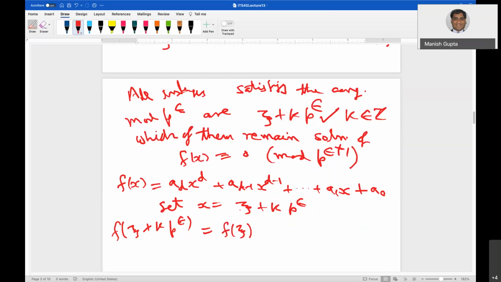Because I can collect the powers of xi raised to power d, xi raised to power d minus 1, a1 times xi plus a naught, so that will be f of xi plus k times p raised to power epsilon times f dash of xi. It turns out that this is the value plus p square epsilon times alpha, where alpha is some polynomial.